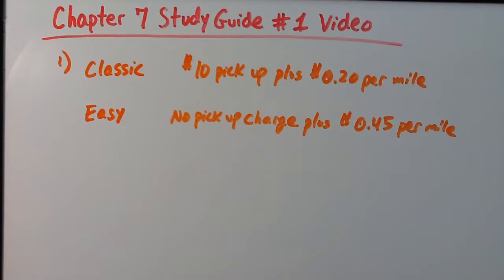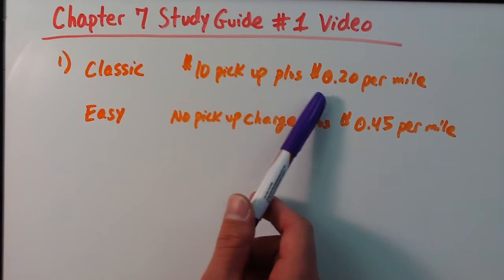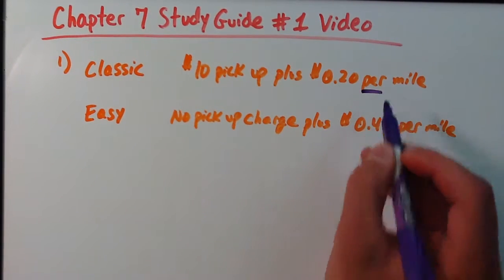Number 1, we have this table here of the two shuttle services, and the question says, choose the equation you could solve to determine the number of miles in which the cost of both shuttles is the same. Okay, so we have the classic shuttle, which charges $10 for pickup plus 20 cents per mile.